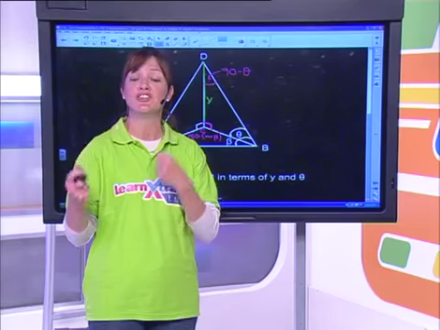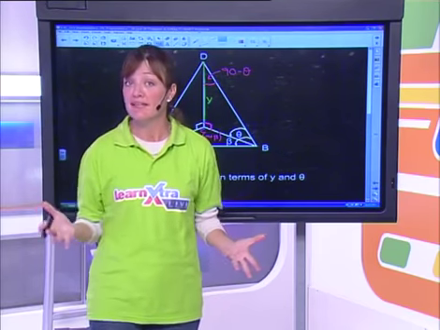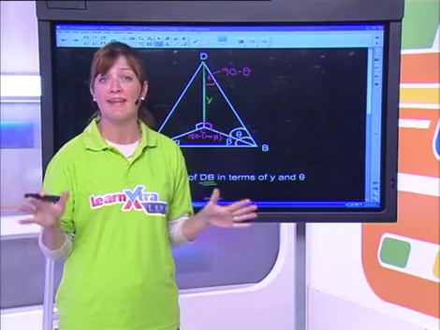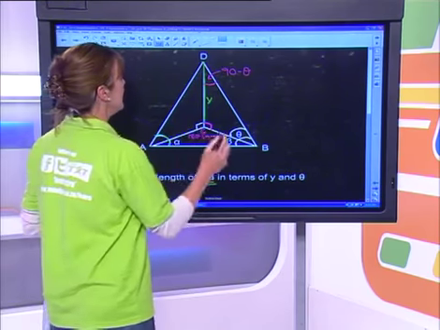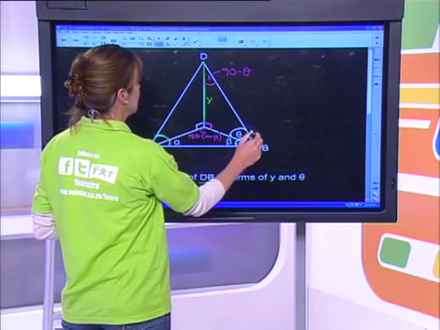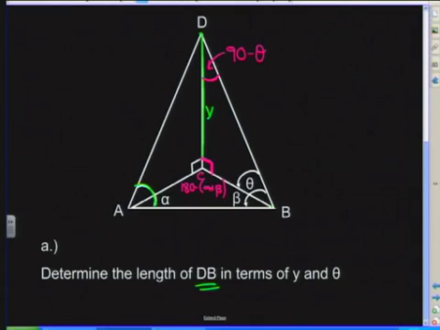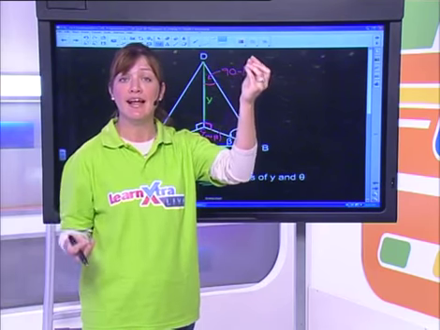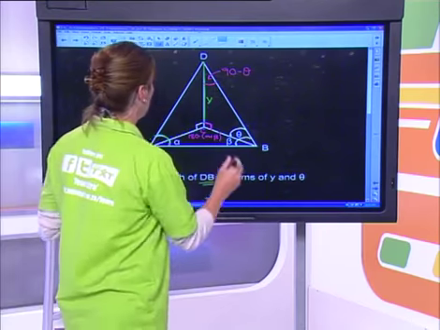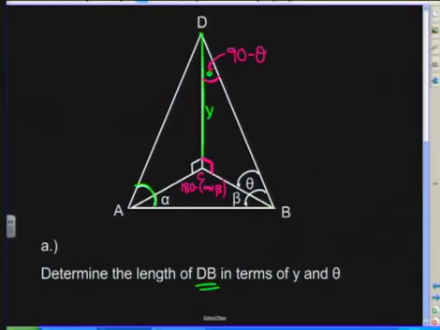Everything is just in terms of symbols, but that's fine. We're just going to apply the rule as we know. Let's have a look. I'm trying to find the length from D to B. The first thing you're going to ask yourself is, do I have a pair of a known angle and its opposite side? Well, because you found this angle over here, that was what we did earlier.